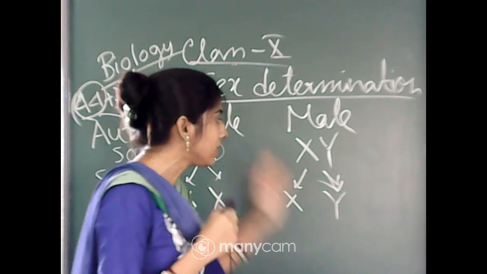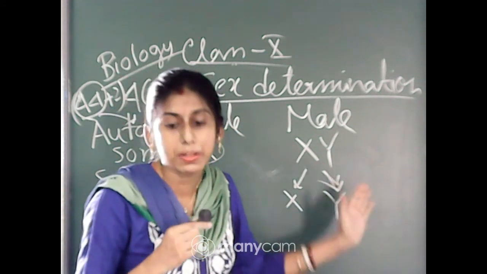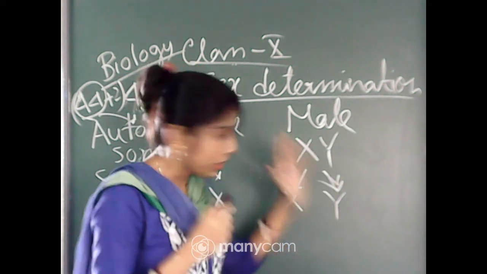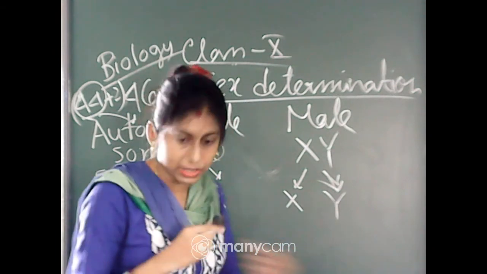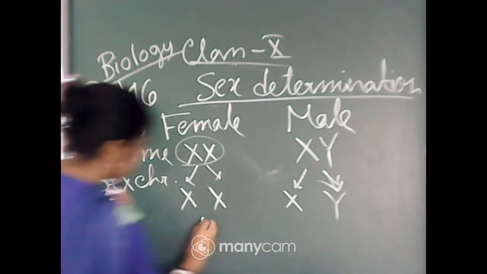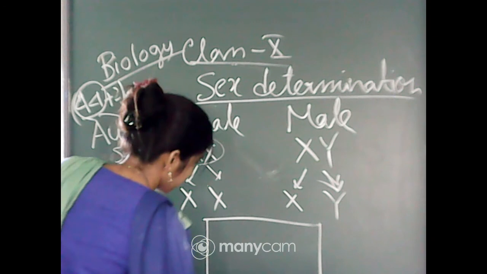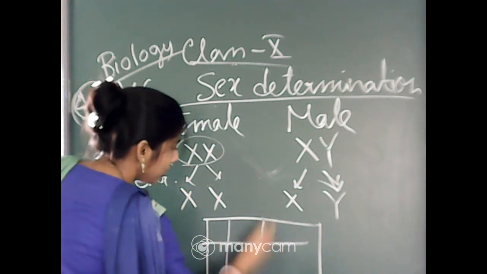The sex of the child will be determined only by the male, because they have two different gametes. Now we can do it in a checkerboard also.